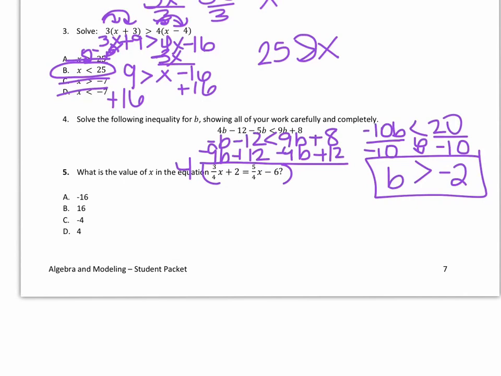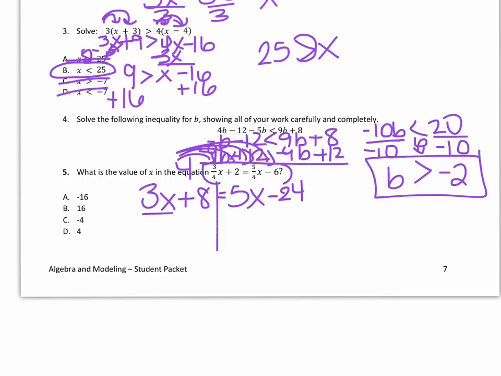Those will become a 3x and a 5x. So I'm going to distribute a 4 to absolutely all 4 terms. So now I wind up with 4 times 3 is 12 divided by 4 is 3x. 4 times 2 is 8. 4 times 5 is 20 divided by 4 is 5x. And 4 times negative 6 is negative 24.